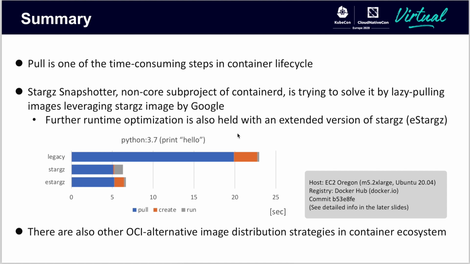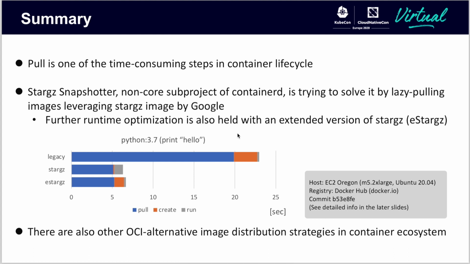The diagram shows the container startup performance for three types of Python 3.7 images. It pulls the image from Docker Hub to EC2 Oregon and runs print hello world. Stargz formatted Python image with Stargz Snapshotter reduces the time taken for the pull operation by lazy-pull, but run takes longer than the legacy image.